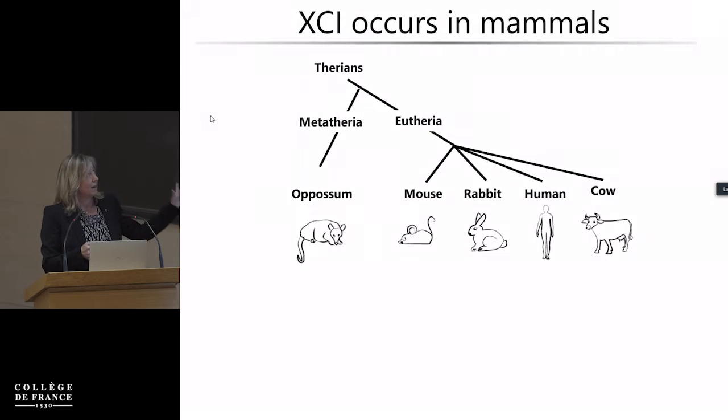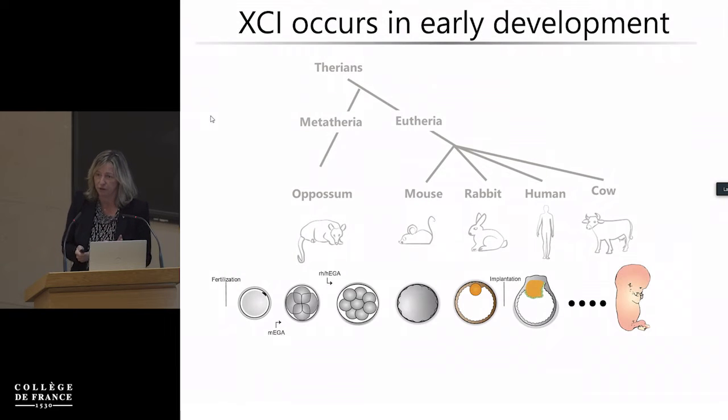I will refer to X chromosome inactivation as XCI for the rest of my talk. This X inactivation process occurs in all mammals, both marsupials and placental mammals. And it's a developmentally regulated process that occurs very early in development.